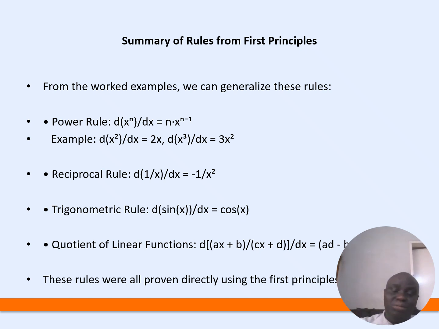It's also from algebra. Then we have the reciprocal rule, which is also here. This is the formula. Then the trigonometric rule is also applicable, in which the differentiation of sin x is cos x, which I talked about. And the last one is the quotient linear function, which is this one. So these are the rules, all proved directly by first principle.